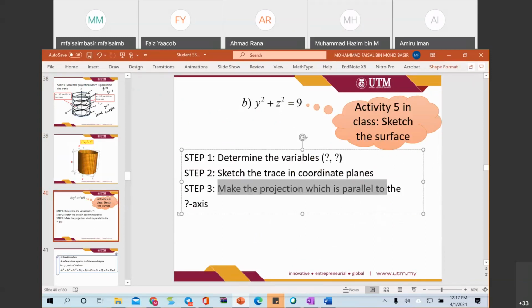The projection which is parallel to which one? The X-axis. So what will be the surface? What is this actually?